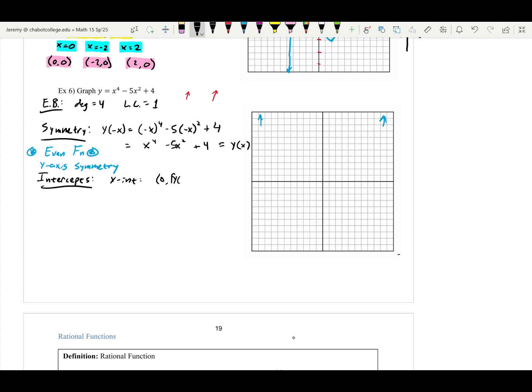So y of 0 is going to be equal to 0, +4. Okay, easy enough.